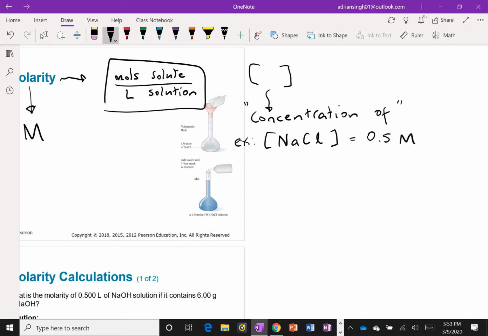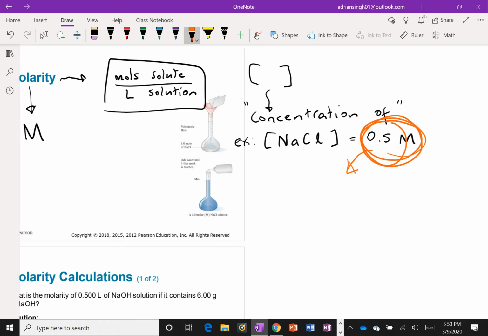Often one of the most challenging parts of interpreting concentration in terms of molarity is just what this actually means, because that is really important. You're going to be using this to solve all sorts of calculations down the road. Big M, molarity, means moles of whatever the solute is per liter of the solution.